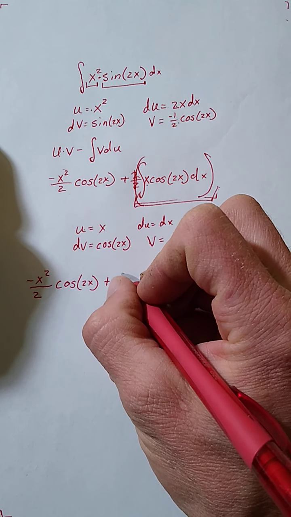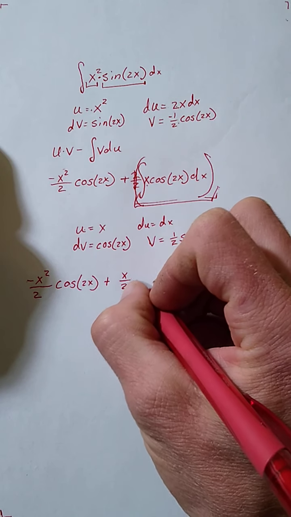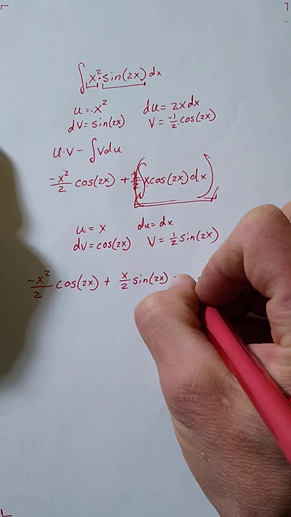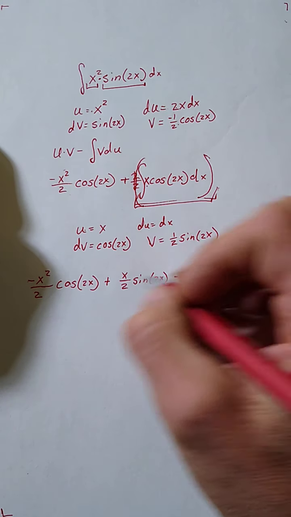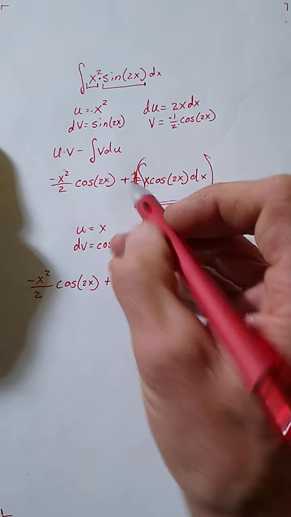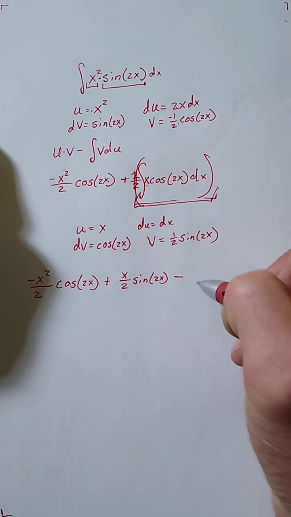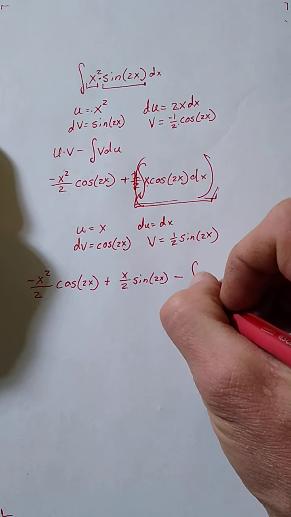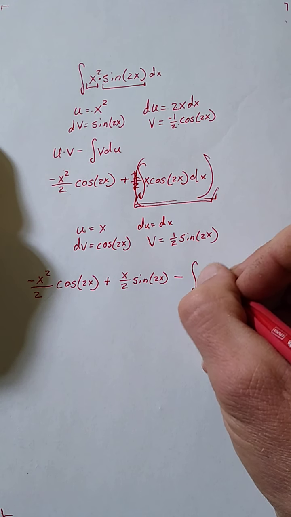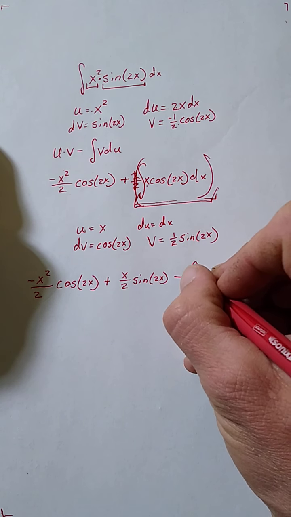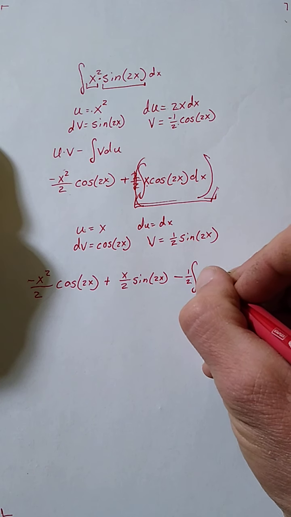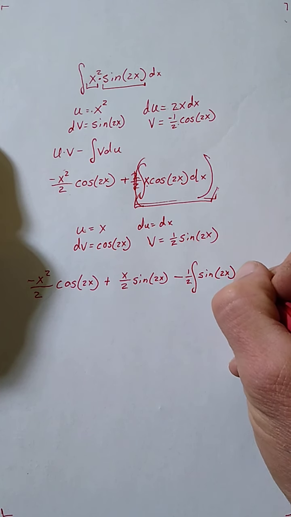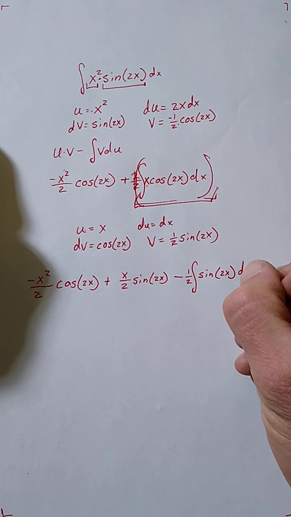So this is going to be x over 2 sine 2x minus, and this is where really parentheses are your friend, because normally we don't have a plus here, we have a minus here, so then we have another minus and we need to distribute, but the integral of v du.